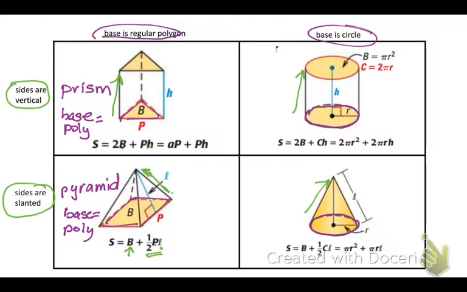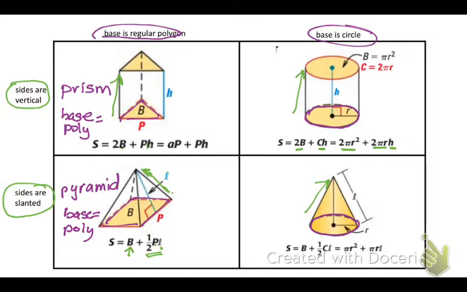Going over here, the second column, your base is a circle, so you're going to have your base plus the circumference, which is like the perimeter of a circle, times h. We can use pi, and twice the area of the base is 2 pi r squared, plus 2 pi r, which is the circumference, times h.